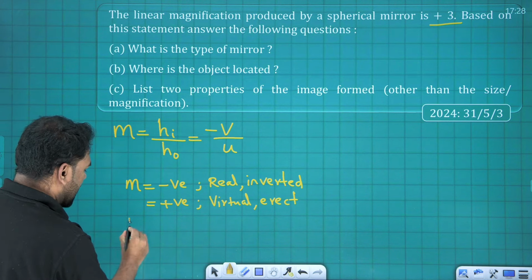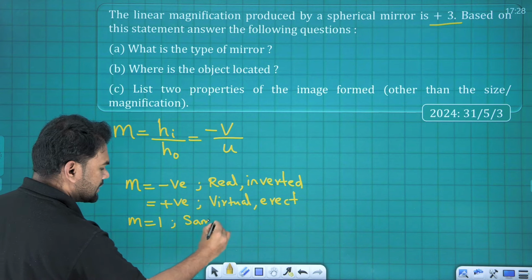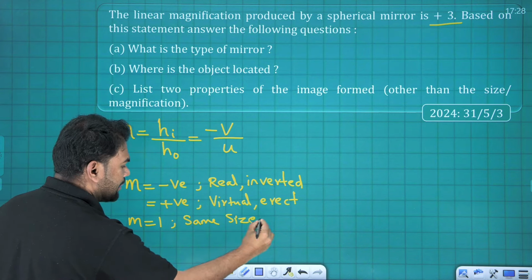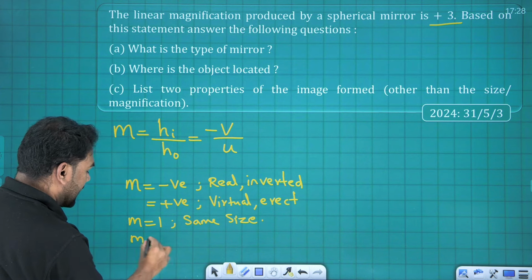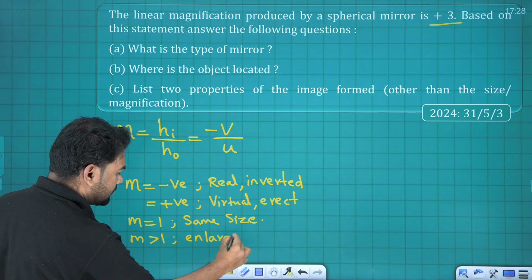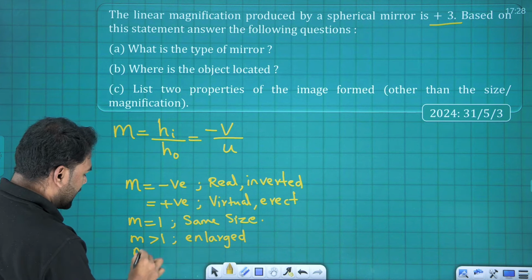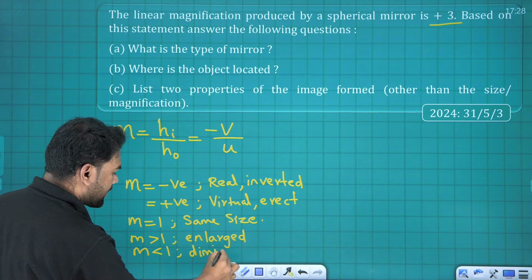Then if the value of m is equal to 1, the image is the same size. If the value of m is greater than 1, it is known as an enlarged image. If the value of m is less than 1, it is a diminished image.